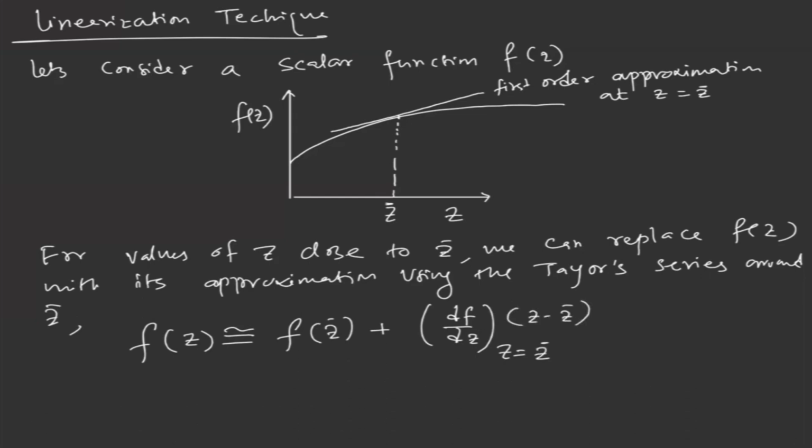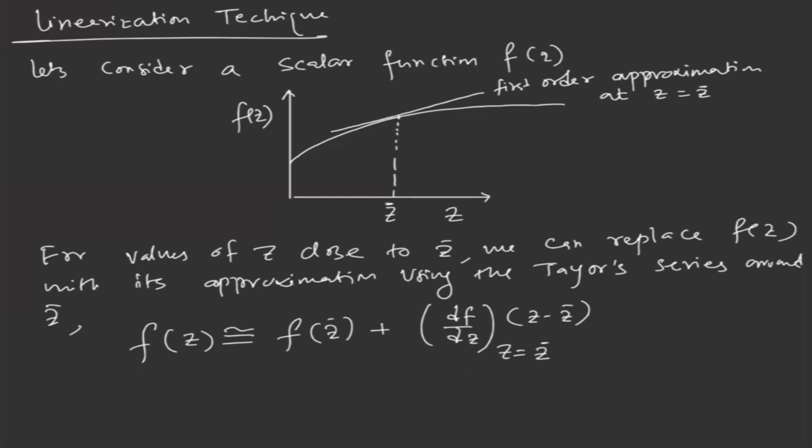So this is a very standard expression if you apply the Taylor series expansion to a function f(z). Here we are not considering the higher order terms, because the magnitude of those higher order terms is quite small compared to the first order terms, so we are neglecting them.